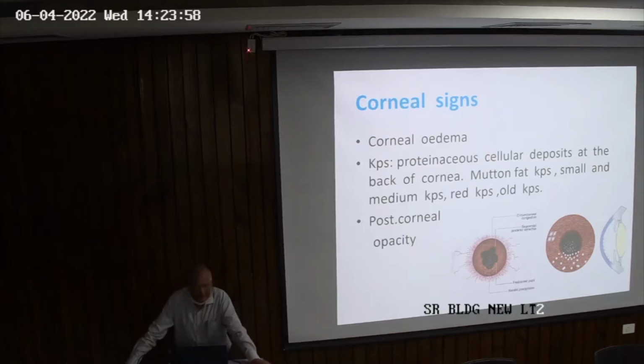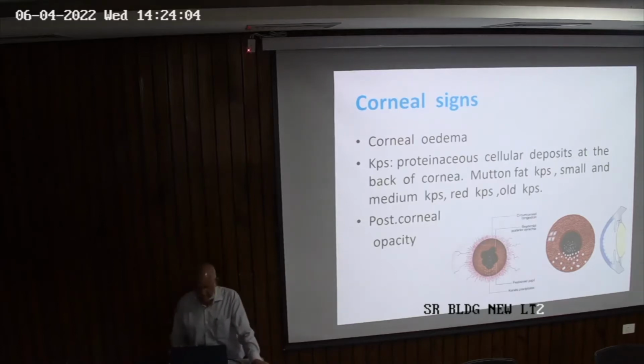Whenever they are deposited over the posterior side of the cornea, that is called KP. Here you can see the posterior surface of the cornea, the endothelium. These are called KPs, mostly in the lower part of the cornea. The types are mutton fat, medium size, and fine KPs. This is behind the cornea.